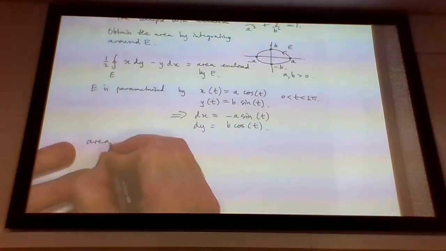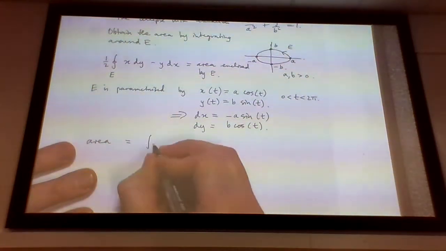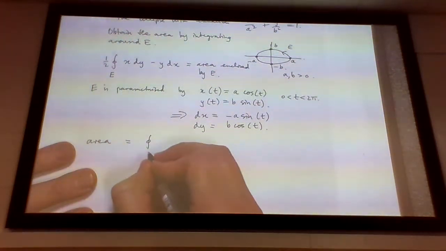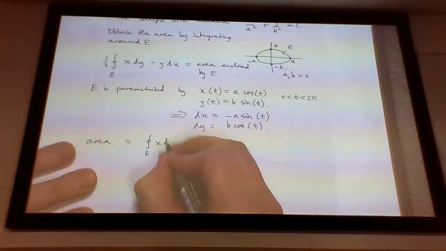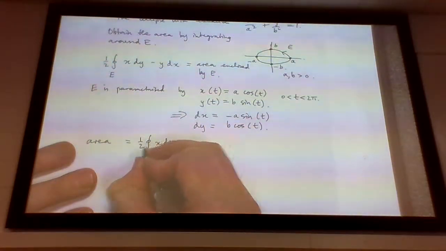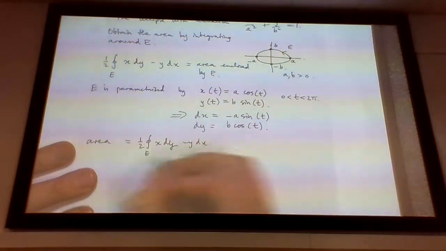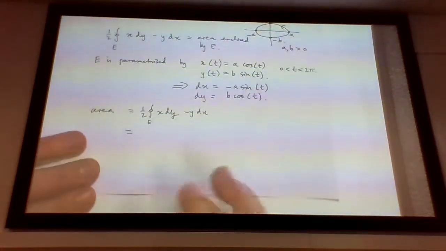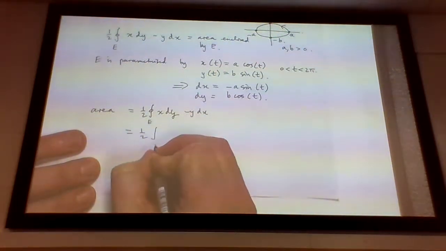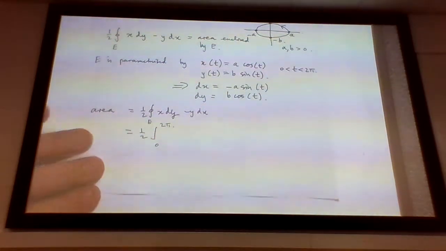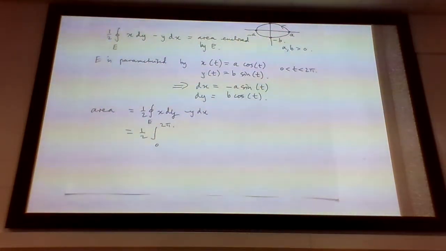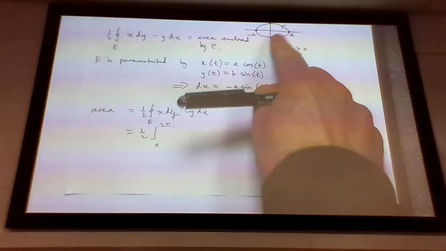So the area then becomes the closed integral around E, as we've said, of half of x dy minus y dx. But then applying the parameterization, this becomes the integral from 0 to 2 pi. The t is like the angle going around the ellipse.